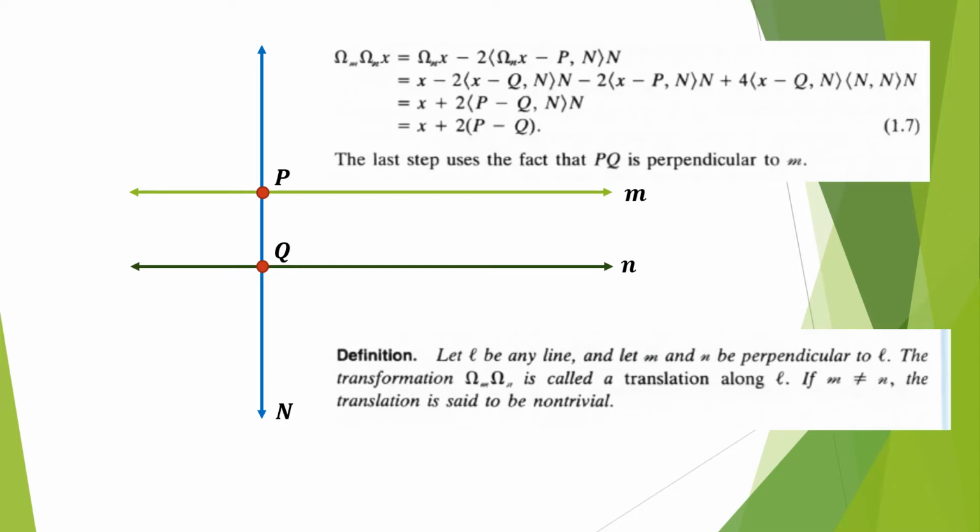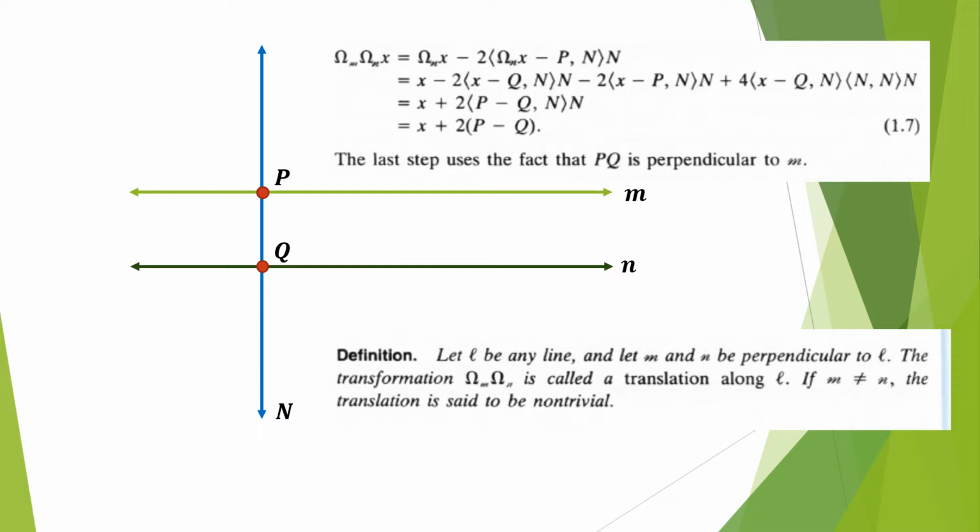Then if n is a unit normal vector to M and also to N, because they are parallel, we get the product of ω_M and ω_N of x is equal to ω_M of ω_N x minus 2 times the distance of ω_N x minus P, n times n, and that is equal to x minus 2 times (x minus Q, n) times n minus 2 times (x minus P, n) times n plus (x minus Q, n) times n.